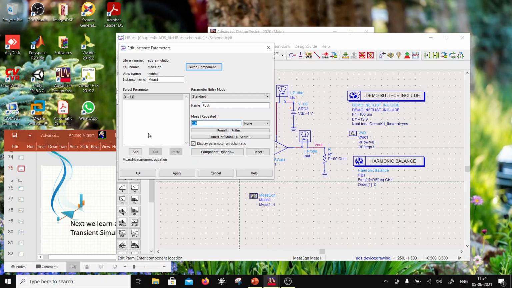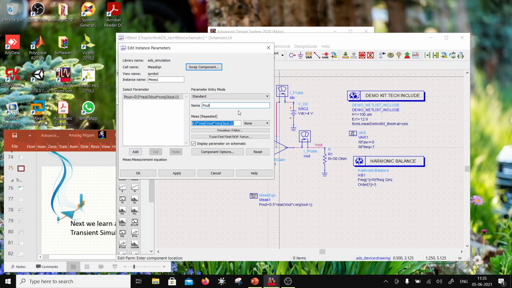P out will be equal to half times real of V out times the complex conjugate of I out, which is going to be I out dot i. Dot i basically is, because this is not an array, this is a structure, so you have a dereferencing over here. So that's going to be your output power.